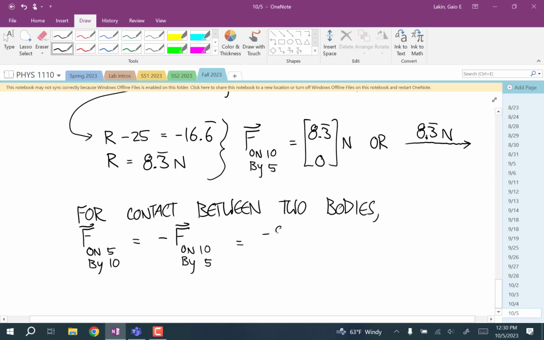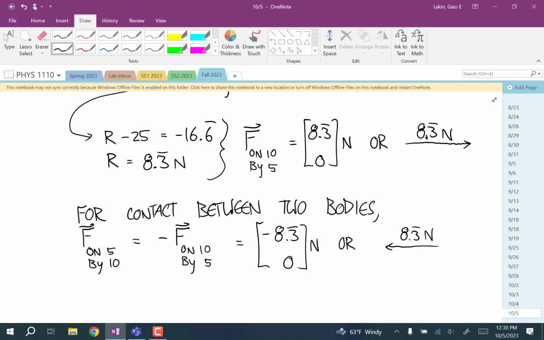And so you get negative 8.3 repeating, 0. Or just what we got before. So we could have done that either of those two ways.